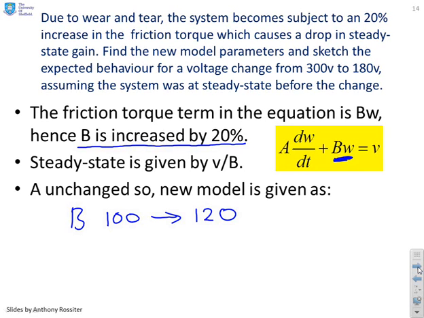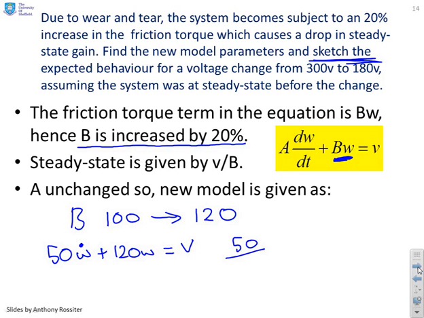So your new model is going to be 50 omega dot plus 120 omega equals v. So the same model as before, except I've replaced the 100 by 120. Now before I try and do the sketch, you remember that to do sketches we like things in time constant form. So I put this model back into time constant form.